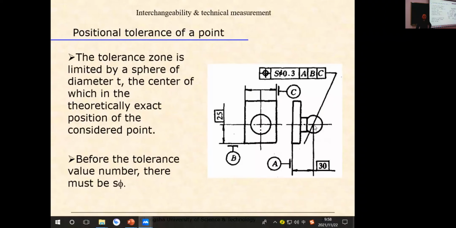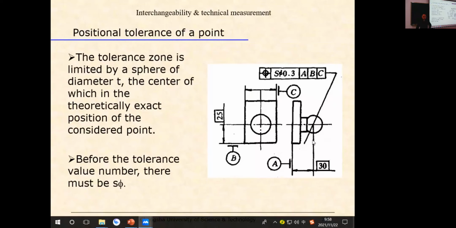We need to see this sphere's point. So this is S phi, and it's phi 0.3. So this is how to determine this position.